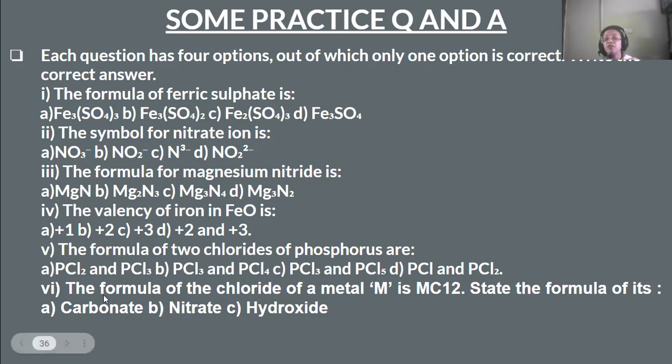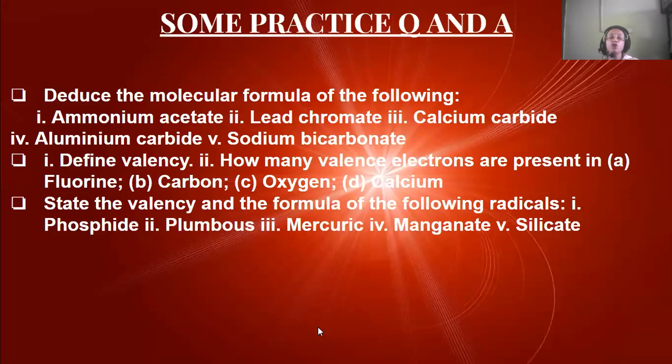The next question: the formula of chloride of a metal M is MCl2. State the formula of its carbonate, nitrate, and hydroxide. Next, deduce the molecular formula of the following: ammonium acetate, lead chromate, calcium carbide, ammonium aluminium carbide, sodium bicarbonate.